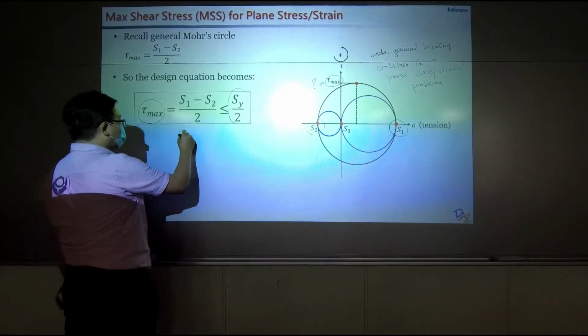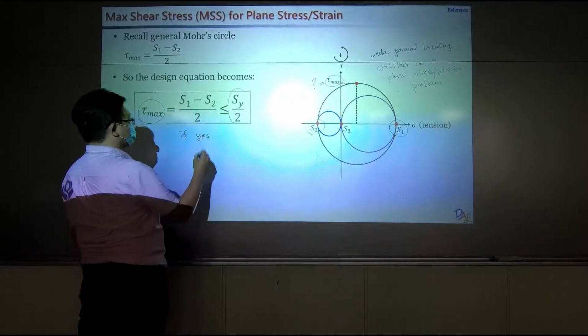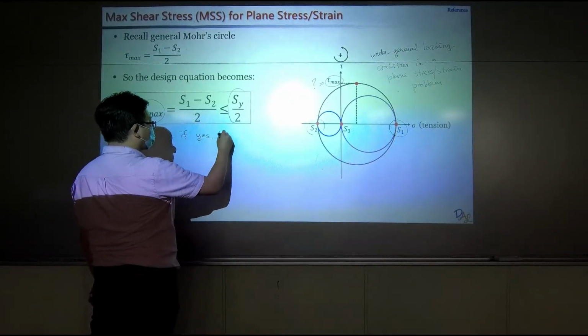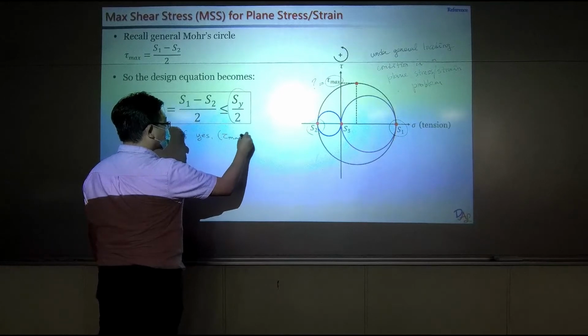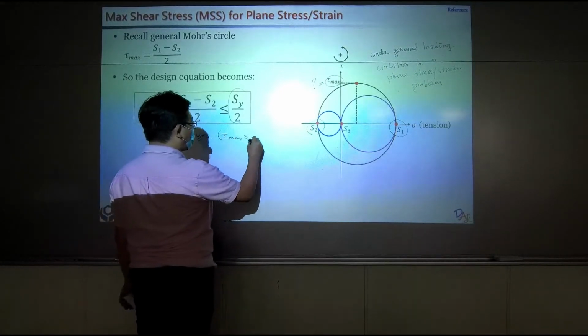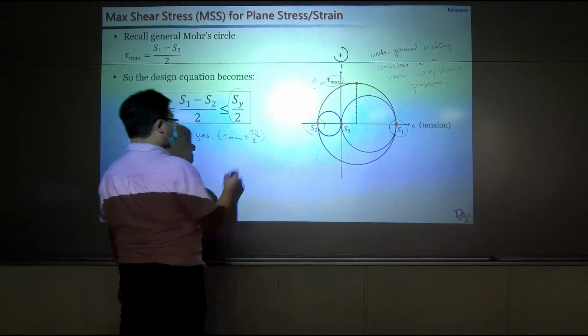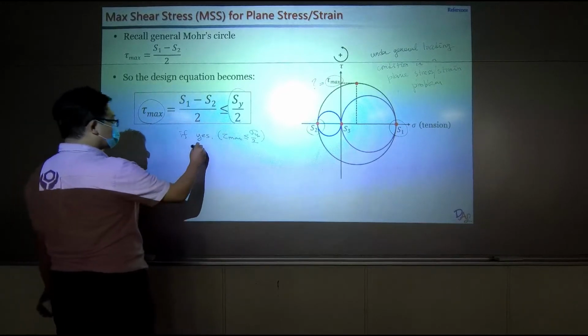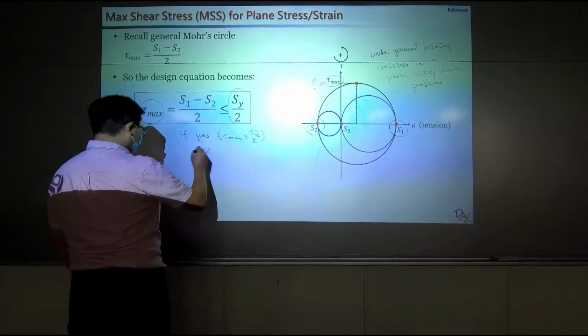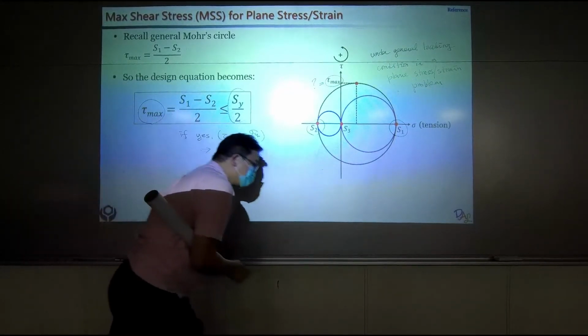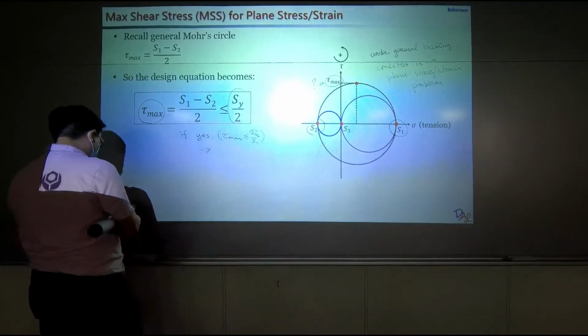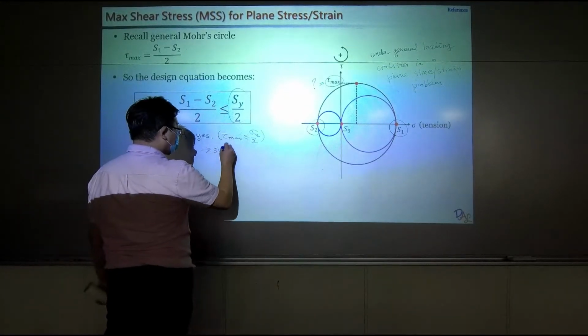If yes, if your tau max is smaller than or equal to half of your yield strength, that means you have a safe design.